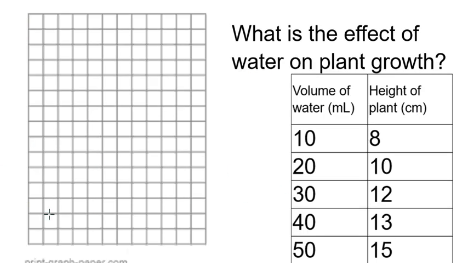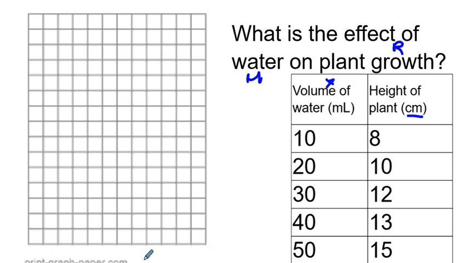Okay, next example, I have what is the effect of water on plant growth? So again, I have my manipulated variable, which is the volume of water, and my plant growth is my responding variable, and I'm measuring that in centimeters. So our manipulated variable is always plotted on the x-axis, which is the one at the bottom, the horizontal.